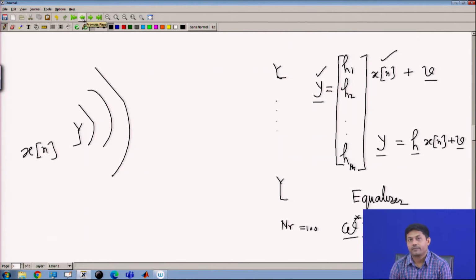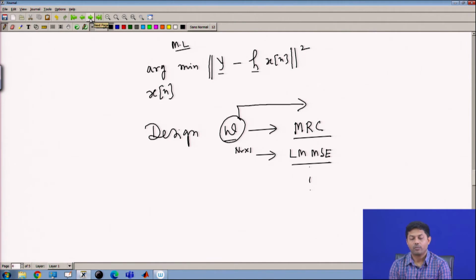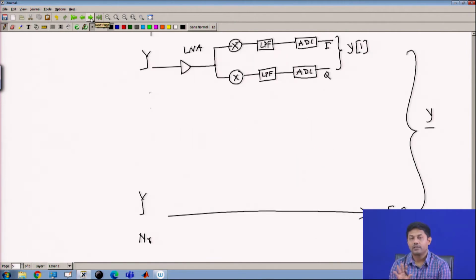Now, this is tougher. You have developed the equalizer based on some criteria and you get W as some complex number, and then you multiply this W with Y and you get back your Xn, fine. Or if you want to do ML, you can do all this, but at the end of the day, this is the circuit.